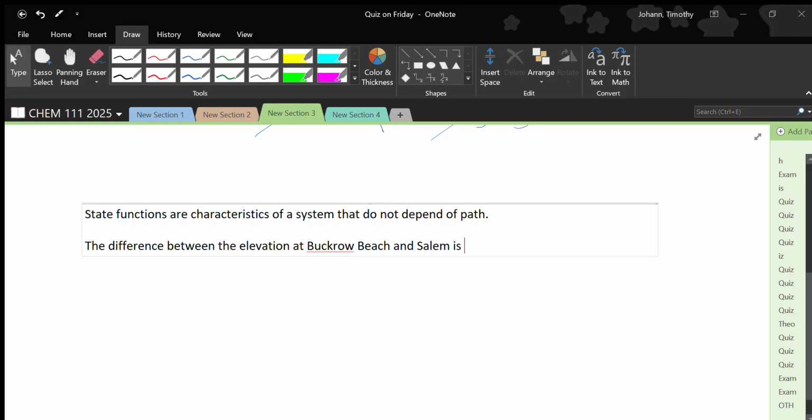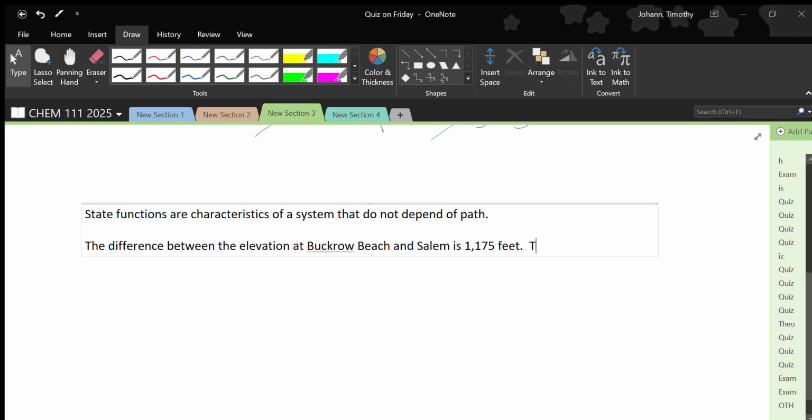It's 1,175 feet. Okay? So that's the difference in elevation between where we are right now and what it is in Buckroe Beach.